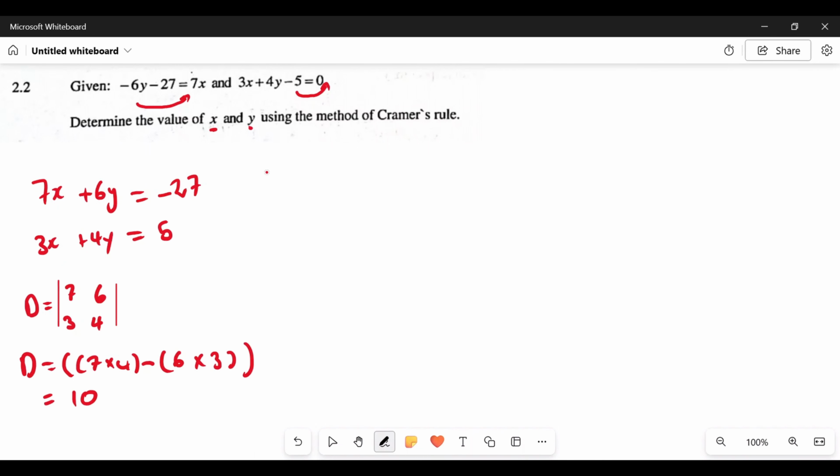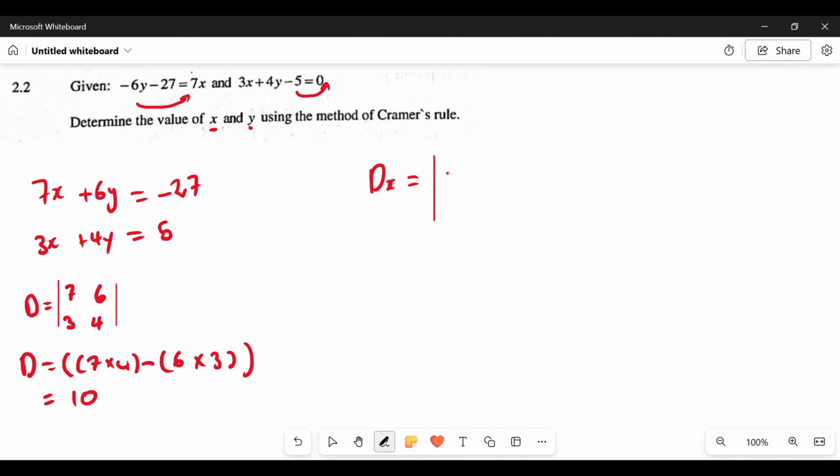Right. Now that we are done with finding the determinant, it's time for us to find the determinant for x. Now, when you find the determinant for x, guys, remember, the first column is for x. As you can see, we took the coefficient of x here. So since we are looking for the determinant for x, we're going to substitute the entries in the first column, the coefficients of x, with the constants.